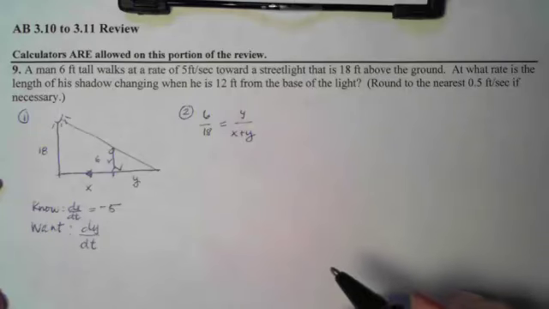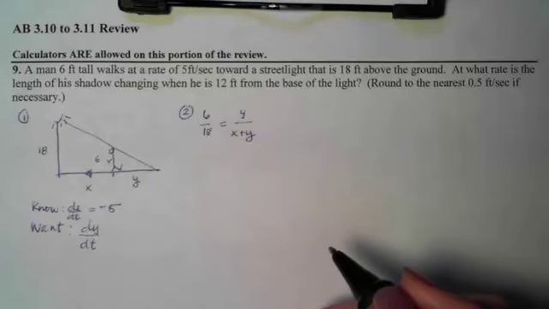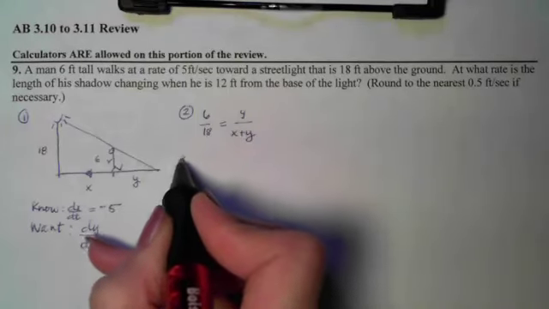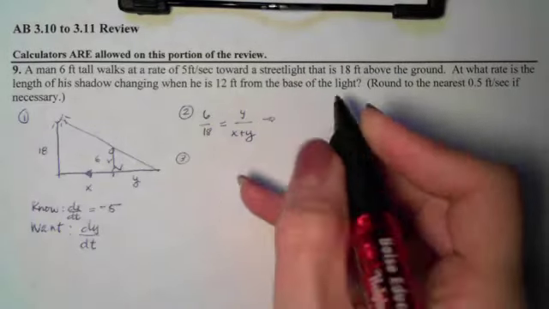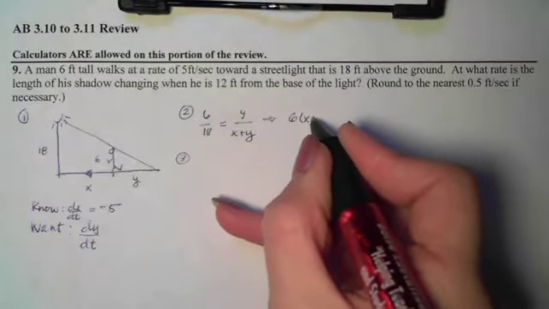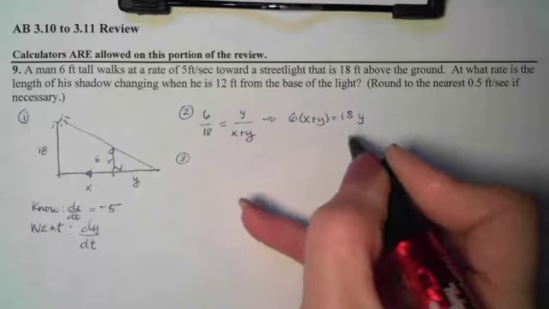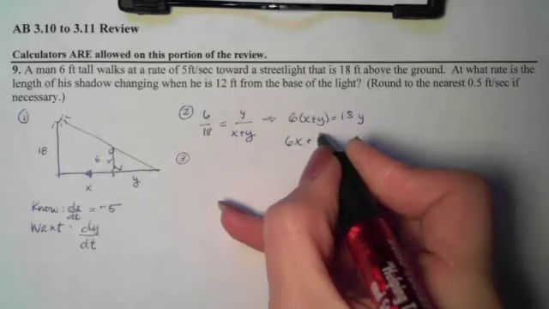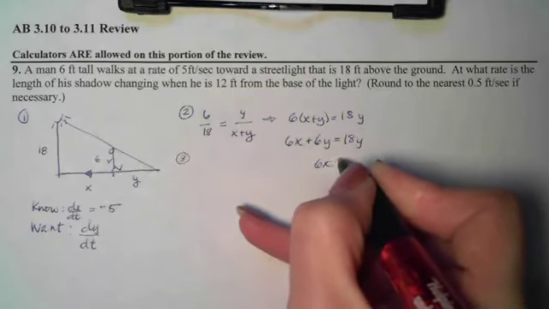So now we're in a position where we could differentiate right now because we have the relationship, so we could move straight ahead to step 3. However, we'll make fewer errors if we simplify this first. So I would tend to rewrite this as 6 times x plus y equals 18 times y. Then I'd distribute 6x plus 6y equals 18y. I'd combine my like terms.